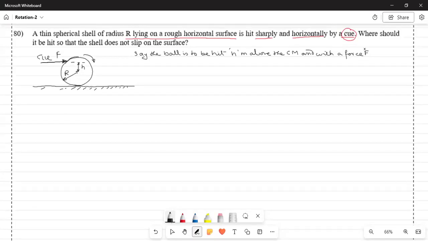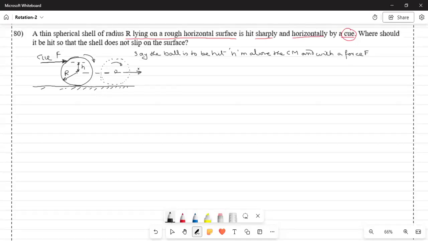Now, due to this rolling, the ball will start rolling in this direction. I make a dotted line, sphere, and as a result its center of mass is moving forward.